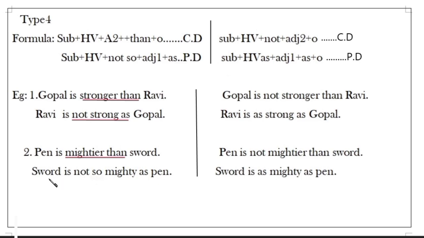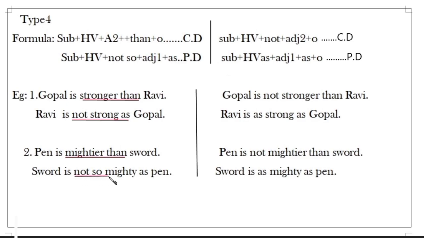It is in negative form. When the comparative degree is in positive form, the positive degree is written in negative form. With a comparison between two nouns only, we use it like this. If the question is given in comparative degree in positive form, write the positive degree like this in negative form.